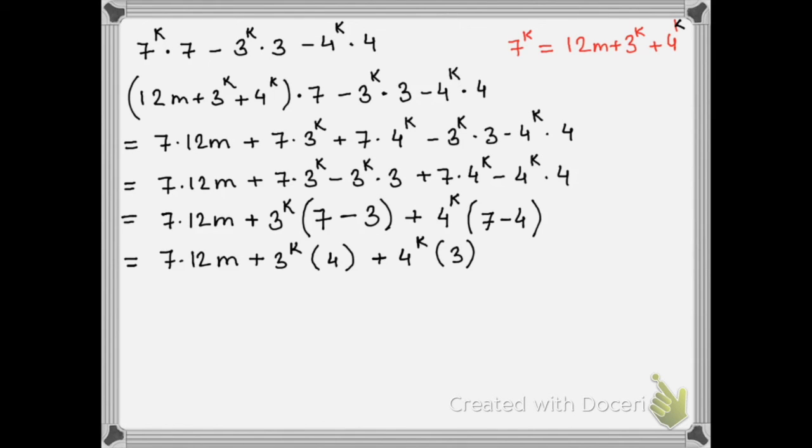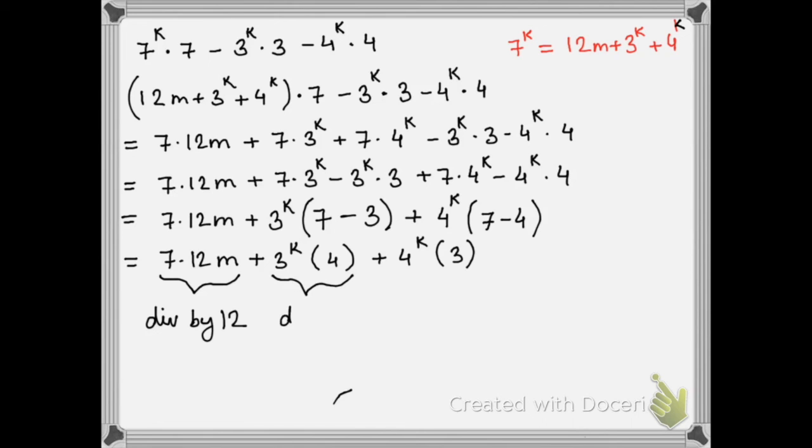Now, we know that this term right here is being multiplied by 12. So this is divisible by 12. This is being multiplied by 3 to the power of k, or also by 4. We know that 3 and 4 are factors of 12.